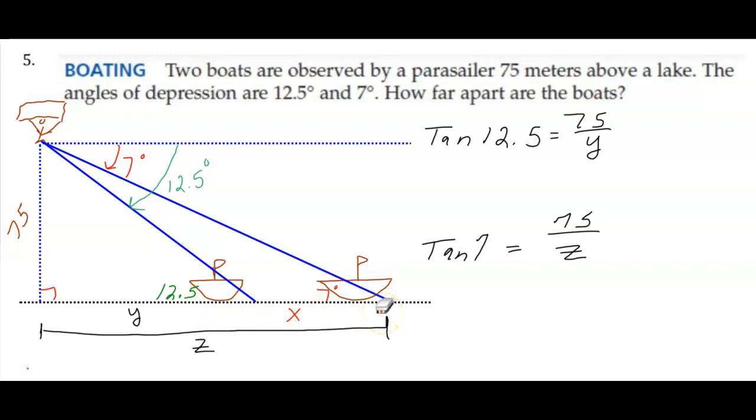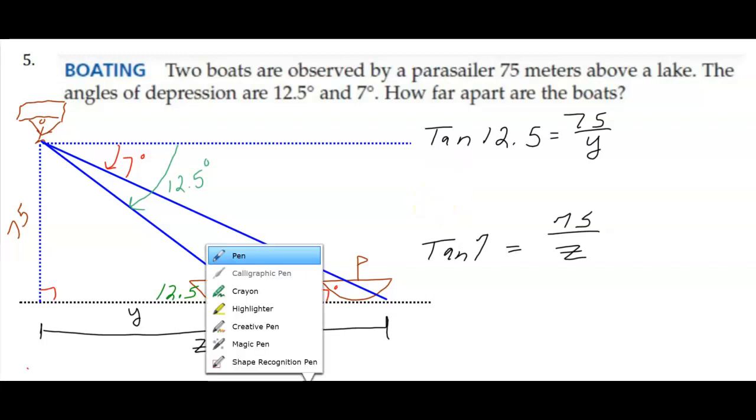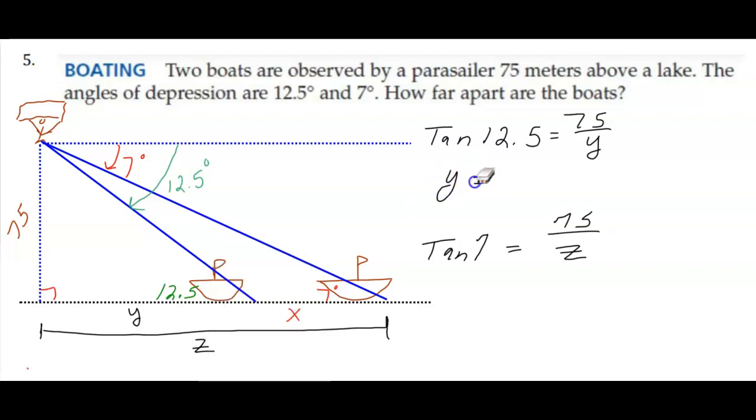Okay, if you punch these in your calculator, your y here, so 75 divided by tangent of 12.5 will give you 338.3.